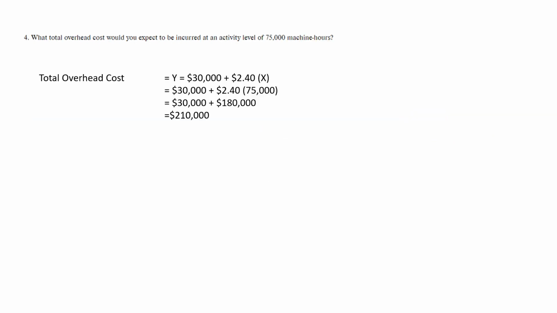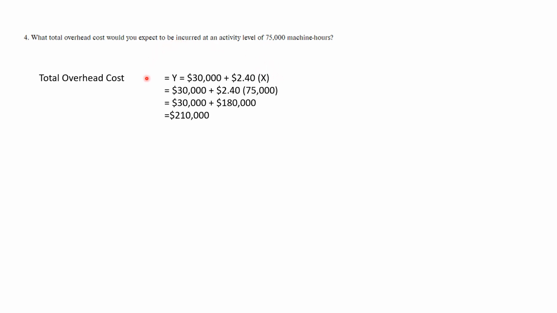And so our last requirement is, what total overhead costs would you expect to be incurred at an activity level of 75,000 machine hours? For this question, we're going to use the formula we just made. Our formula for the total overhead cost was our total fixed cost of $30,000 plus our variable cost per unit of $2.40 times the number of units.